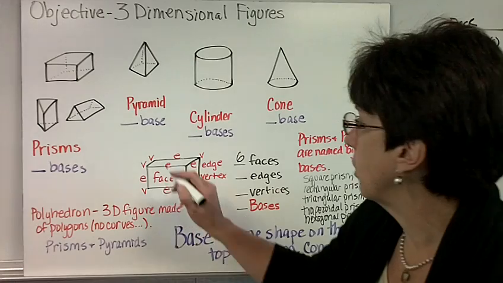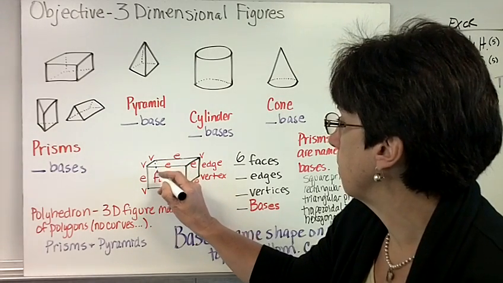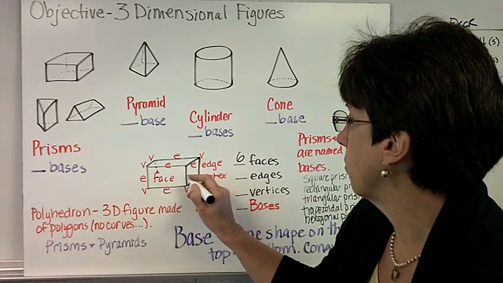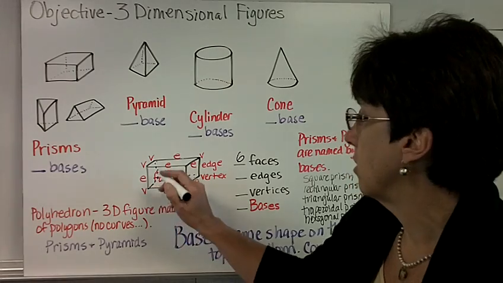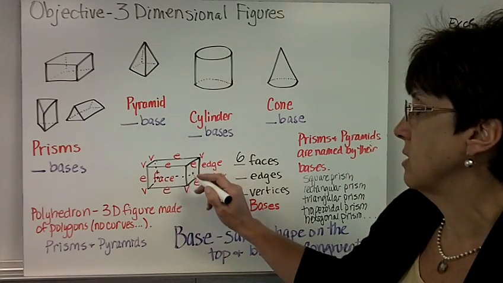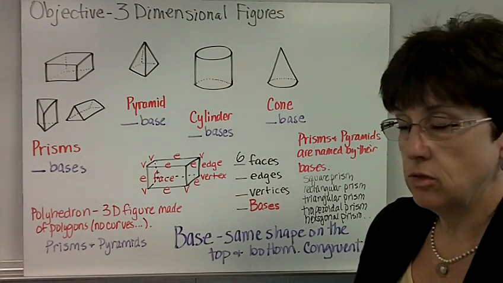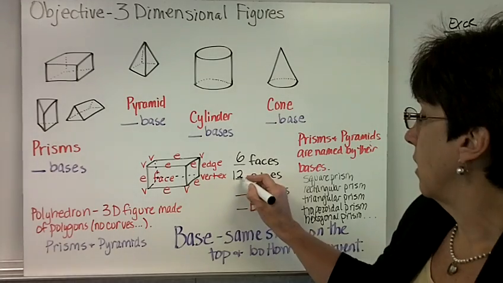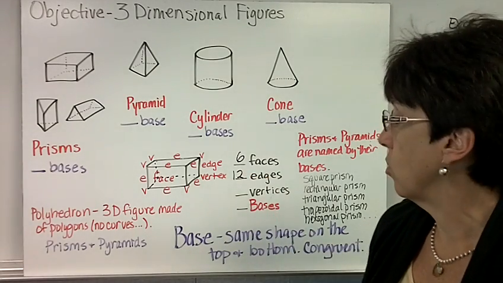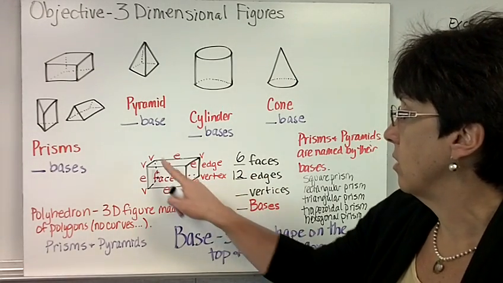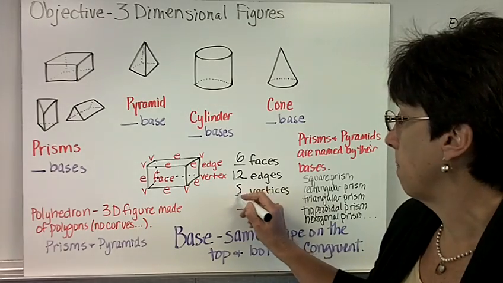Do you see the 12? So I could dot this in. So there's 4 on that side, 4 on this side, and 4 around. So 12. How many vertices does it have? The corners. 1, 2, 3, 4, 5, 6, 7, 8.